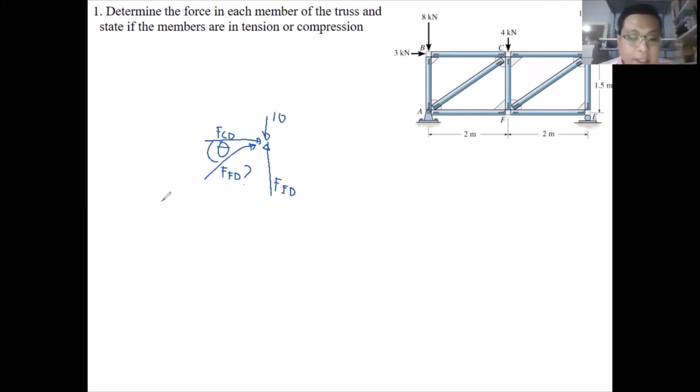As well, we start with sigma Y, in the direction Y at joint D. So the formula is FFD sin theta, and then we have FED negative 10, and then equal to 0. Now please carry out the number of FFD.